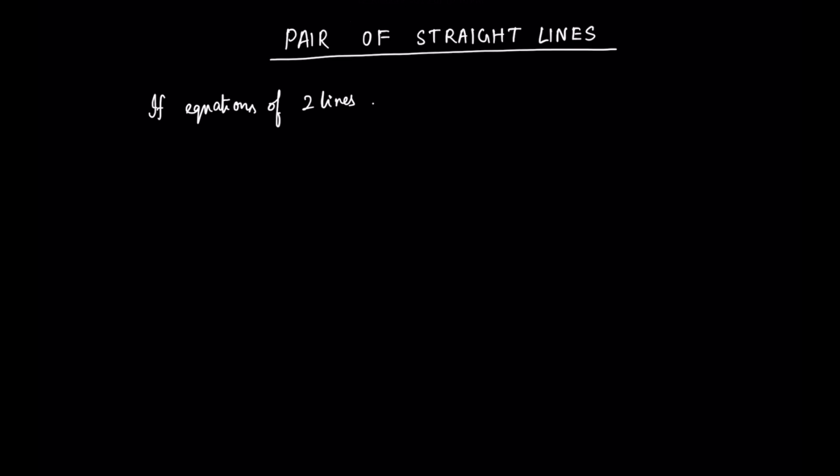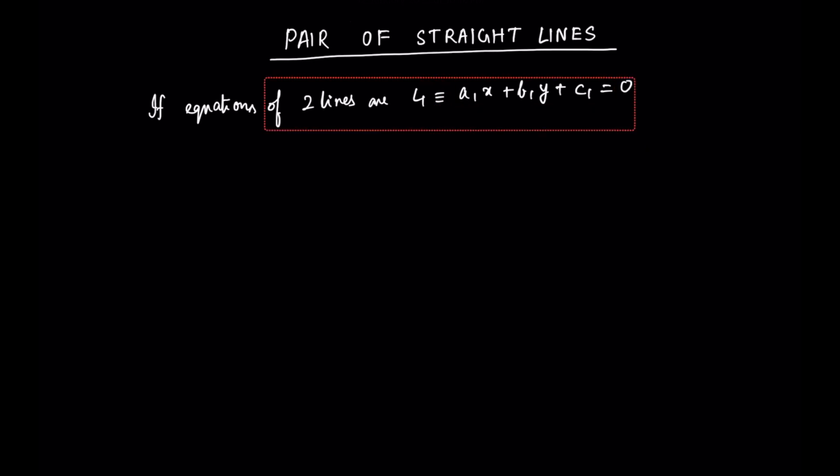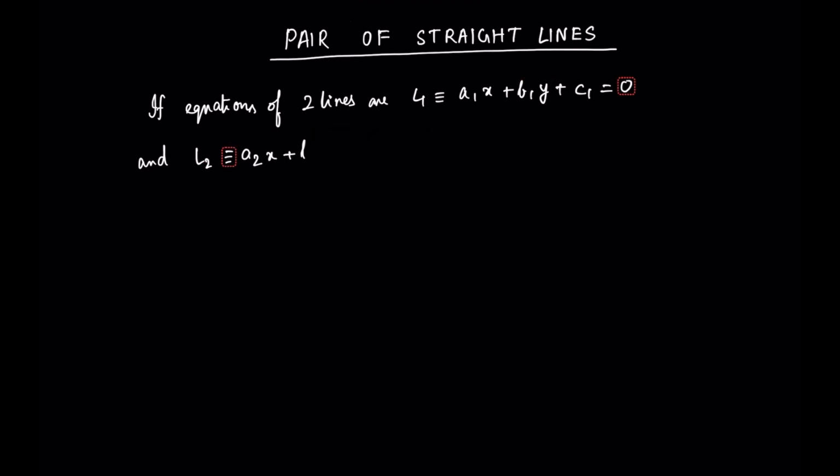So if the equation of two lines are, say for example, L1 is one line which is given as A1x plus B1y plus C1 equals 0. So this is one equation. And another equation L2 is A2x plus B2y plus C2 is equal to 0. This is the second line.